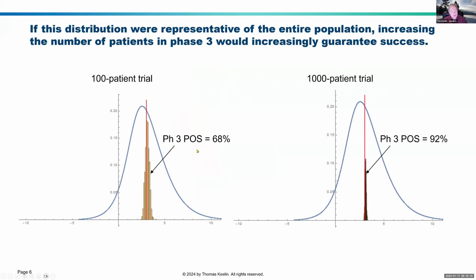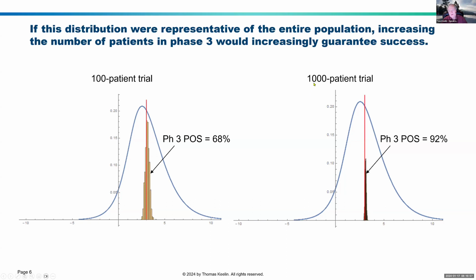Well, the probability of success in that case would increase from 68% to 92%. Why would that happen? Well, because this original distribution we have based on phase 1 data has a mean, and by the central limit theorem, the higher the number of patients that you have in your trial, the closer the simulated results will be to exactly that mean. The mean is just slightly above the success criterion.